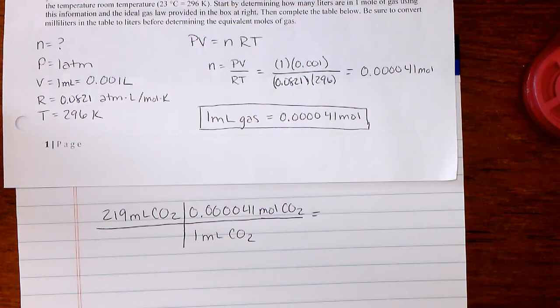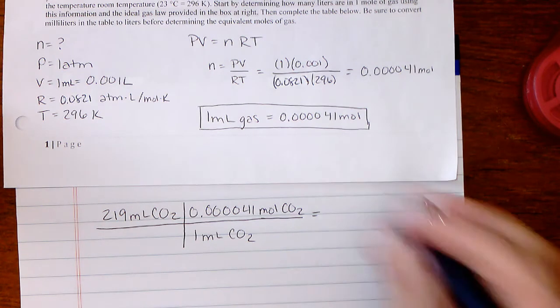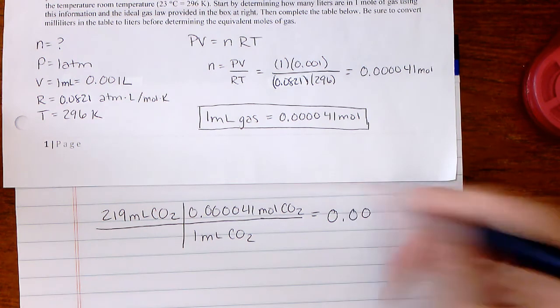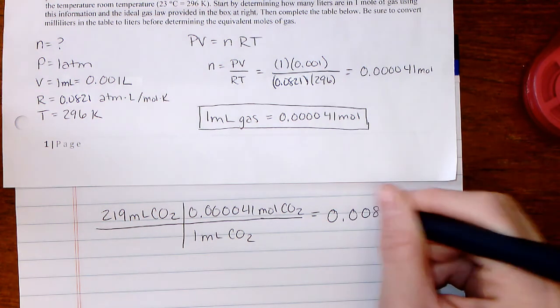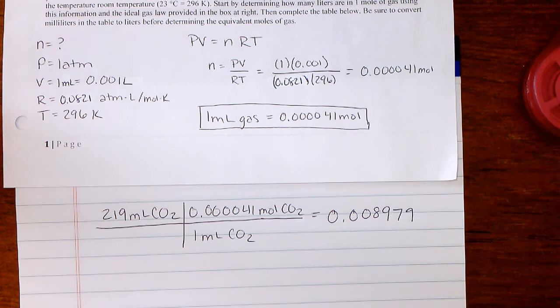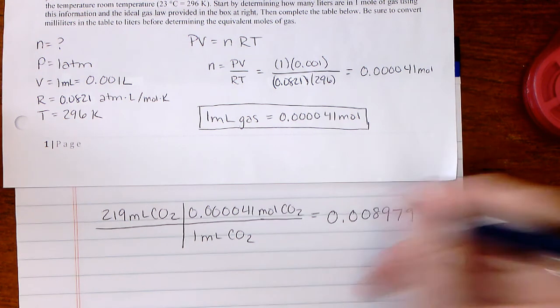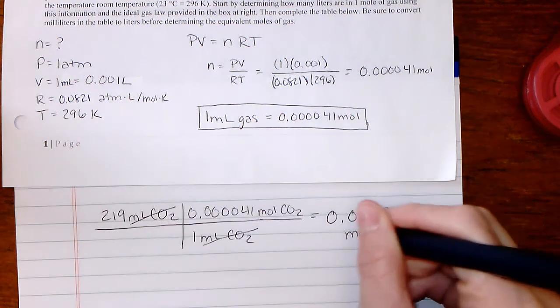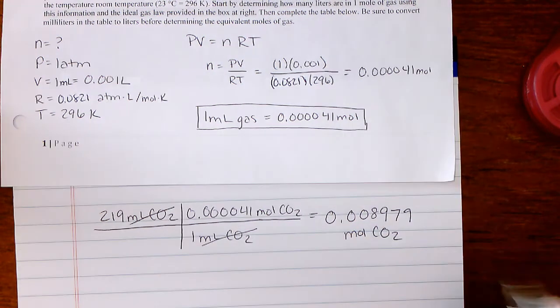And we solve that out. We end up getting 0.008979. Milliliters of CO2 cancels, and we have moles of CO2. So that's how you would set that up.